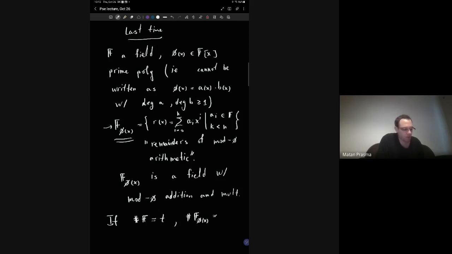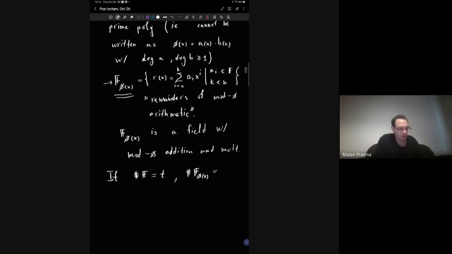So what are all the possibilities to get polynomials of this form R? I mean, you need to choose.